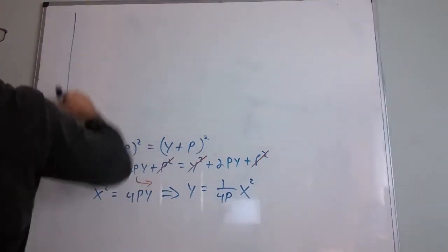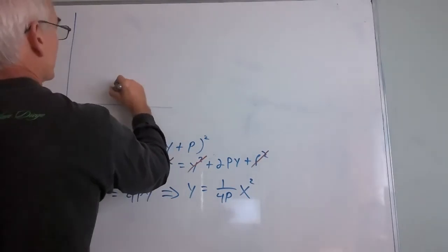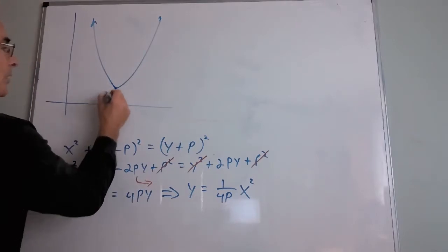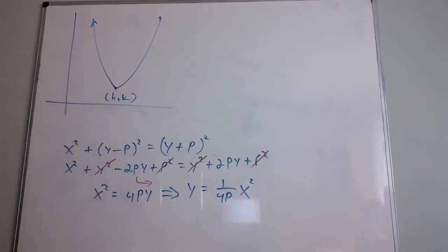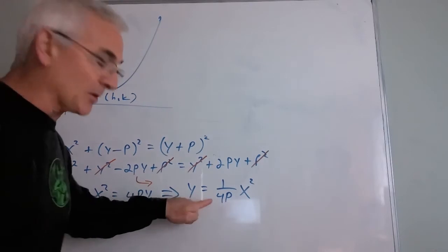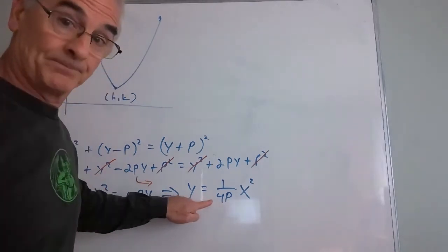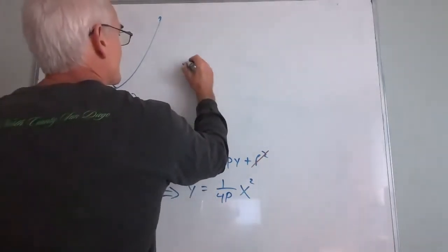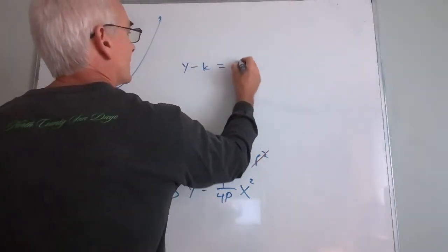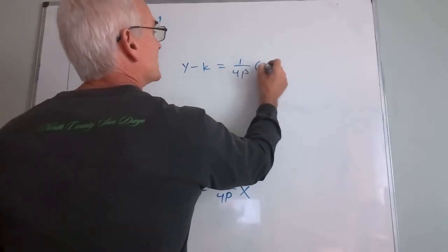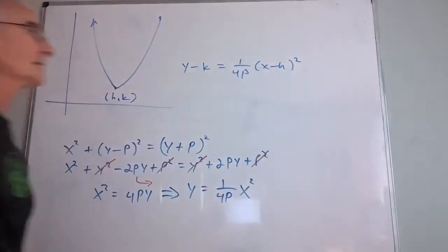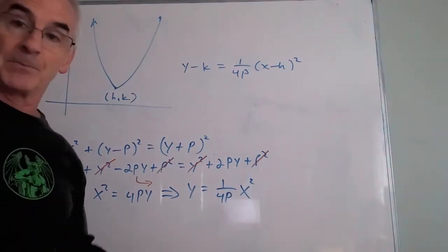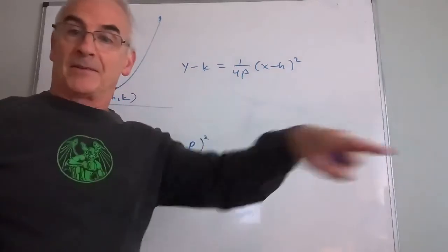So now let's suppose, here's my parabola. Same parabola we had a moment ago, but let's say this point here is now h comma k rather than the origin. This is the parabola that goes through the origin, that has the vertex on the origin. So what did I just do? I just shifted the y and I just shifted the x. The same rules apply anytime. Horizontal, you always subtract from the x coordinate.